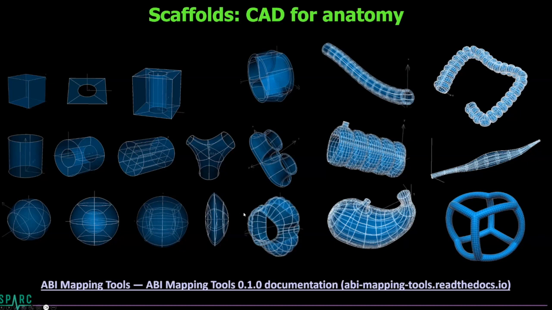So we've developed a whole suite of computer-aided design tools and primitives that allow us to build more complex organs. Some of them are shown here for octagonal or cylindrical or spherical shapes, ways of mathematically defining spatial regions, and we can build them into quite complex structures, shown more here on the right.